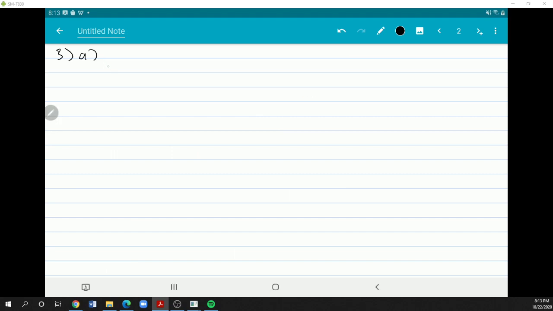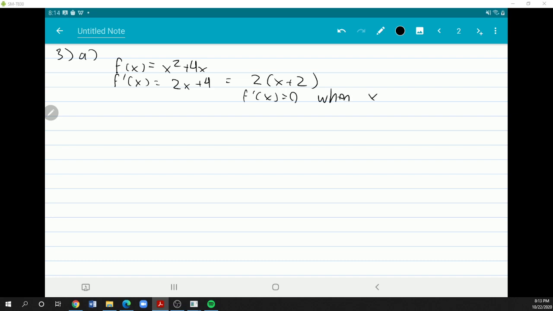So A, x squared plus 4x, if I call that f of x, then f prime of x is 2x plus 4, and f prime of x equals 0 when x is equal to minus 2.